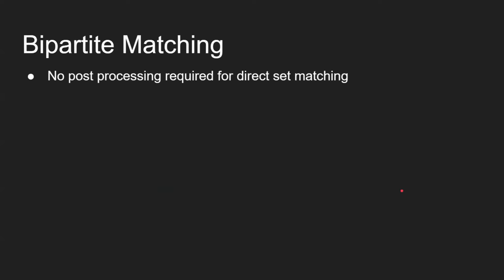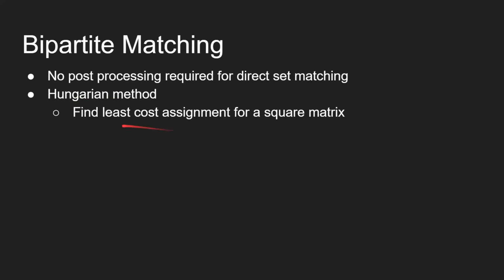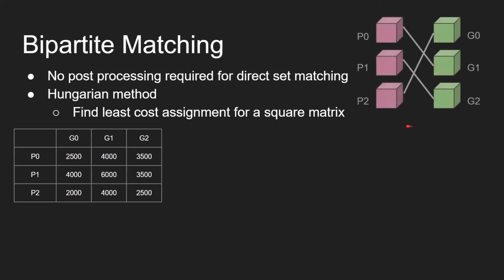So with bipartite matching, no post-processing is required. And the way we achieve this is using this Hungarian method. And the idea is to just find the least cost assignment for a square matrix, right? So just as an example, let's say we have these three predictions and we have three ground truth labels. This might be our matrix, right?